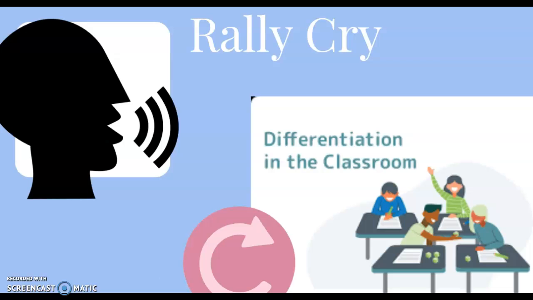The first thing that I need to address is the rally cry. Why am I using the station rotation, or how can blended learning really improve my students' learning experience? In my traditional classroom, it was very difficult for me to accurately differentiate for every single student.